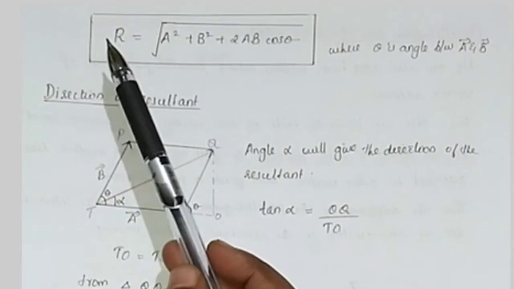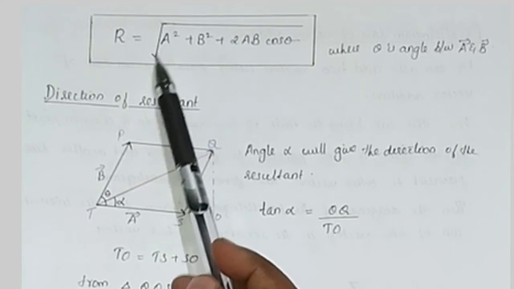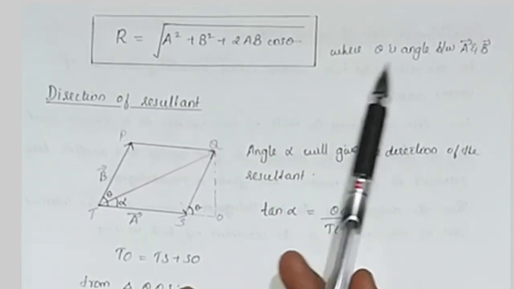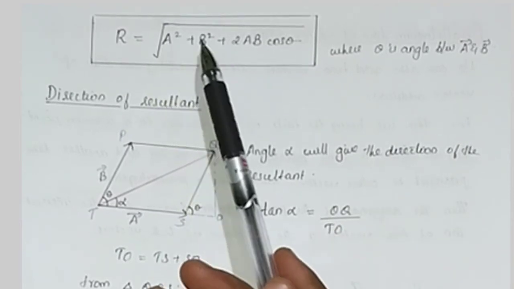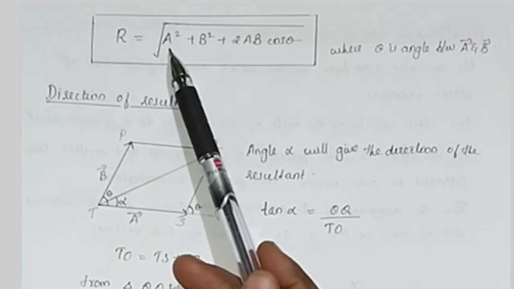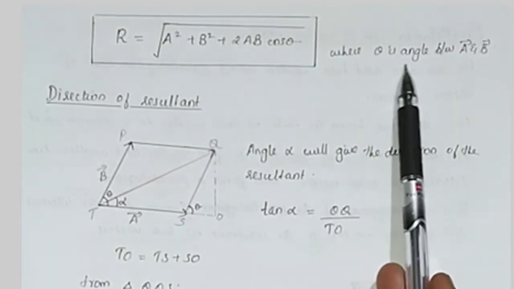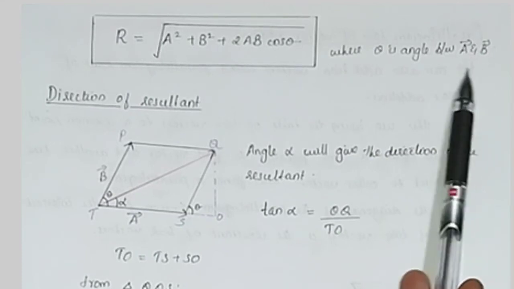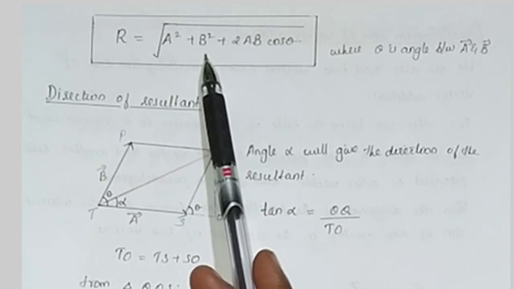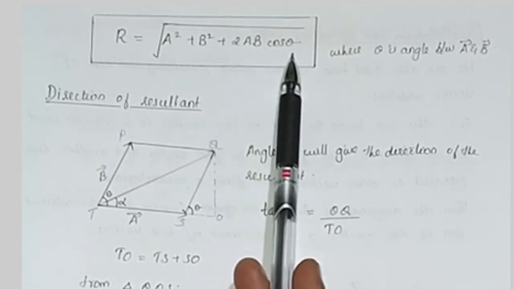So the final expression for R square, that is the resultant square, is obtained as B square plus A square plus 2AB cos theta, from which we can write R is equal to root of A square plus B square plus 2AB cos theta, where theta is the angle between vector A and vector B. So if we are having two vectors A and B making an angle theta between them, then the resultant of these both can be obtained as R is equal to root of A square plus B square plus 2AB cos theta.